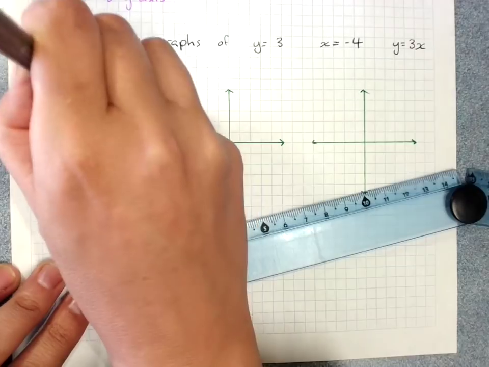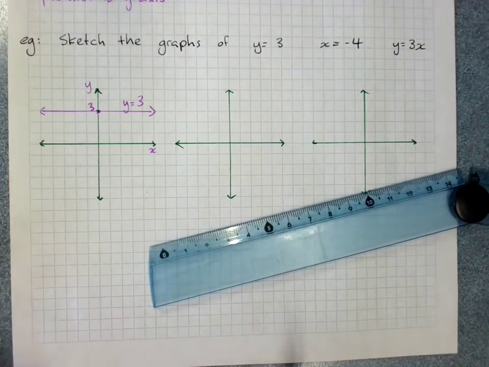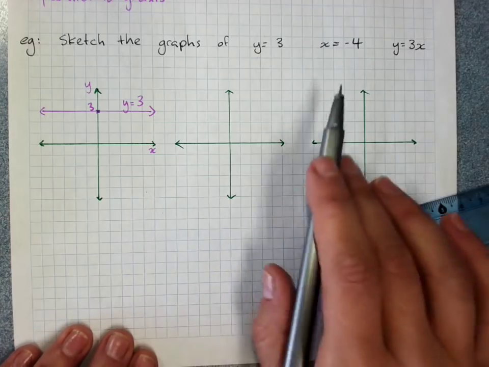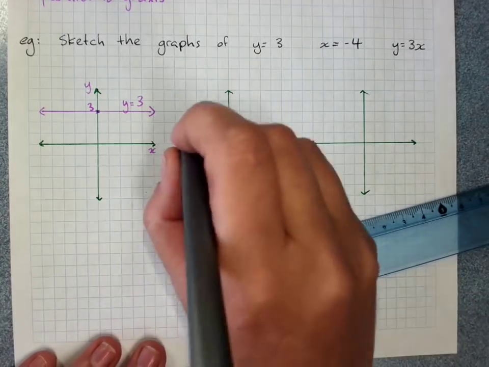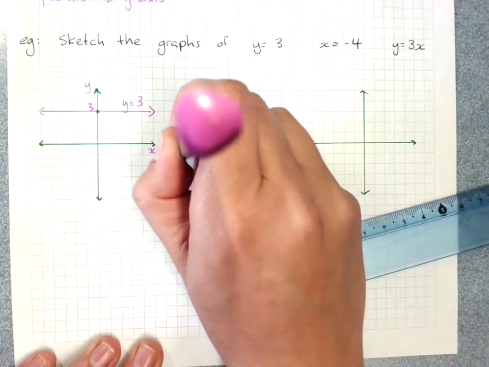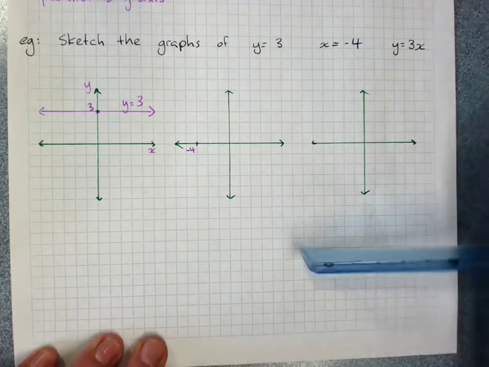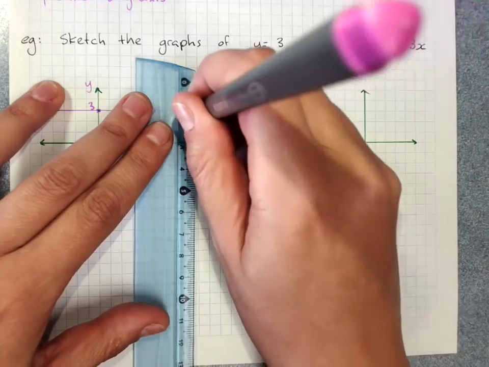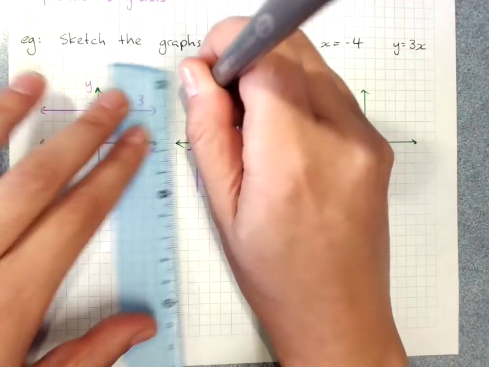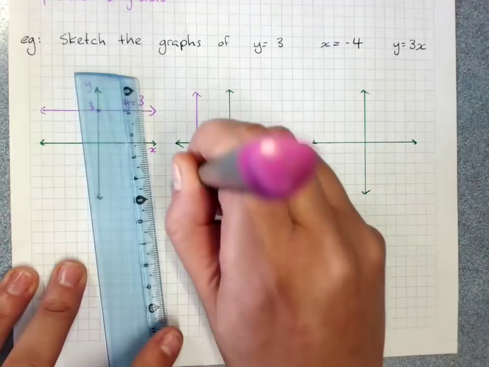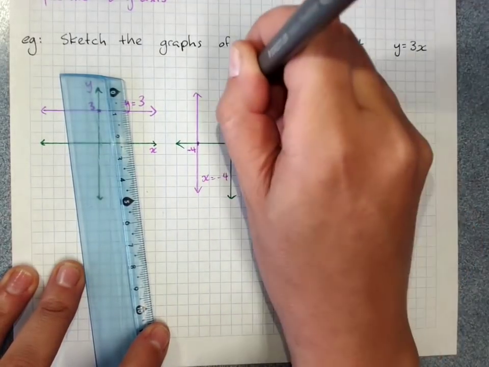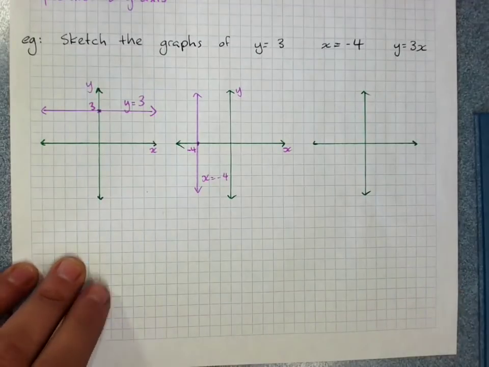Remember that this is x and y, and we use a ruler. x is negative 4. Put a point somewhere that could conceivably be negative 4. Put your line through it, label it, and label your x and y axes and use a ruler.